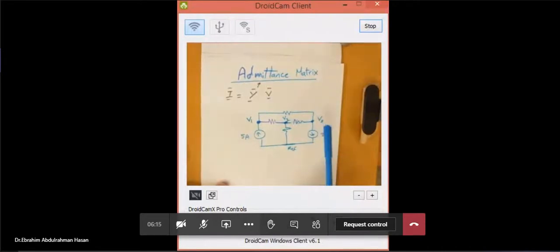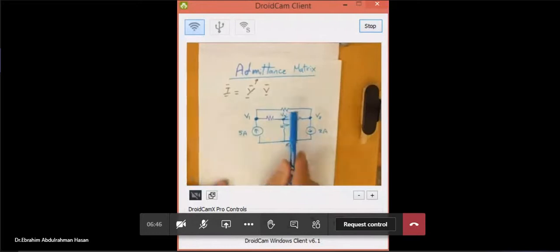Anyway, to write the Y matrix for this one, we say that we're going to apply nodal analysis. So here we have 1, 2, 3, 4 nodes, but one of the nodes we're going to take as a reference. Now we have a reference, so then we have 3 nodes, so 3 unknowns.